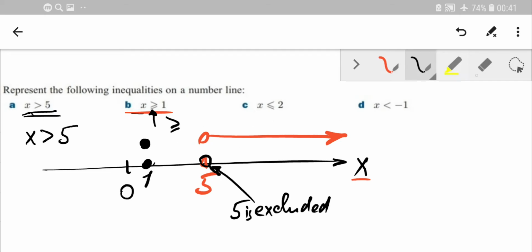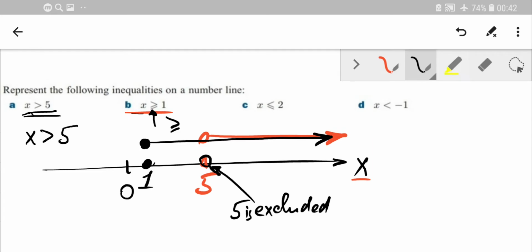Now we include it, so the filled point tells you that we need to include your limiting number, your boundary, and go straight to the right. So now I put a black arrow. That means we include boundary point 1 and above.